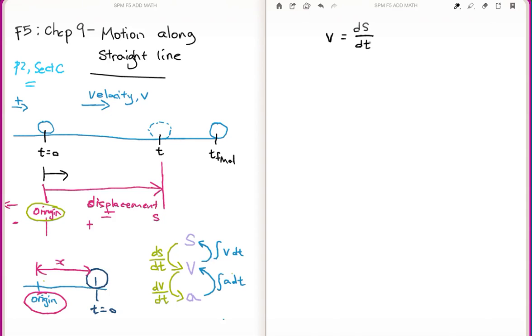So if I bring it up, multiply it up, my s, the displacement, is the integration of v dt. The same is true with the others. Without further ado, let me show you some examples so that you have a better understanding of this chapter. Example number 1.